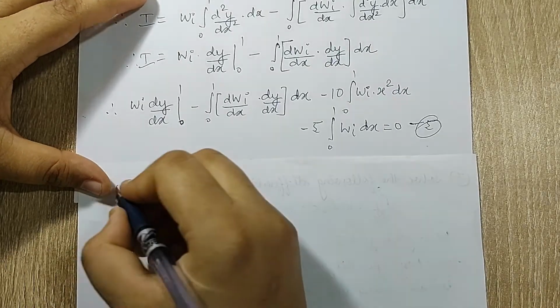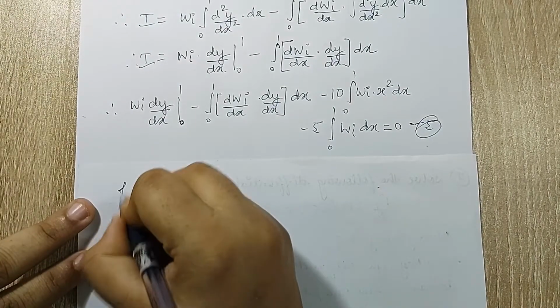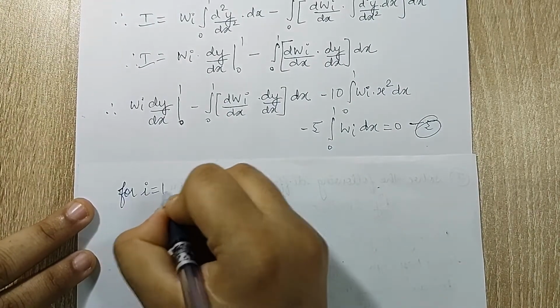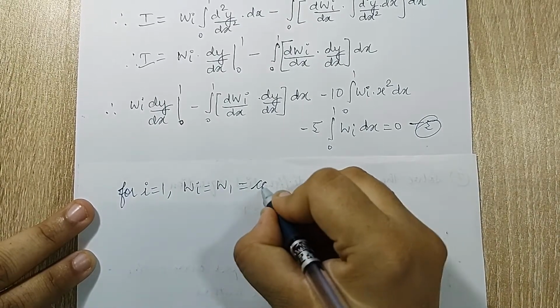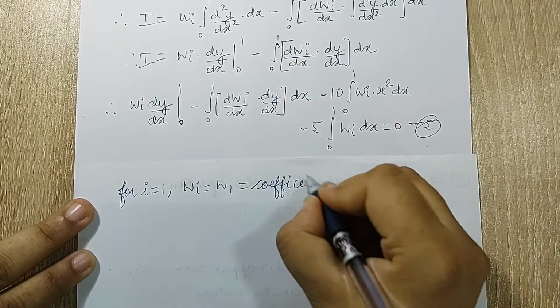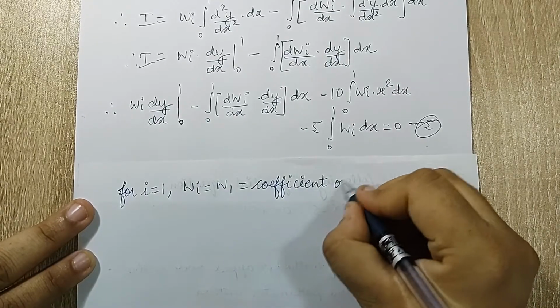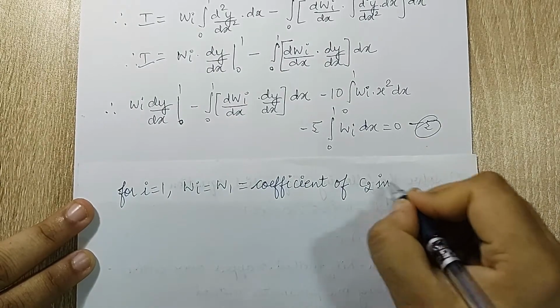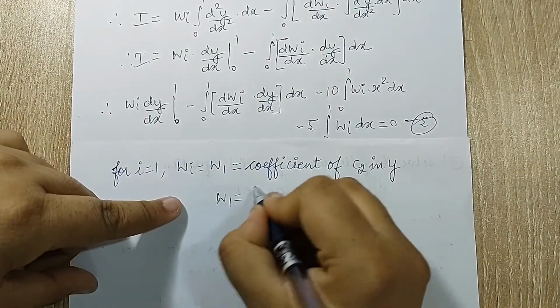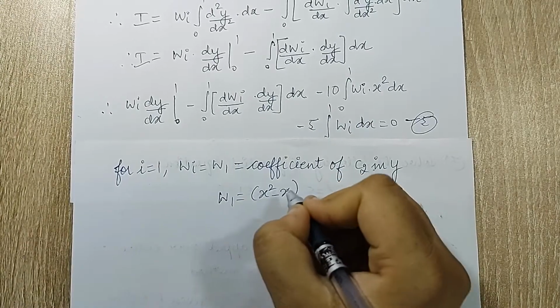Now, as you know from the previous solution that we have already done, for i is equal to 1, I'll have wi is equal to w1, and for Rayleigh-Ritz, we take the coefficient of the unknown term in y. So here I have only one unknown, that is C2 in y, and this w1 is nothing but x square minus x.